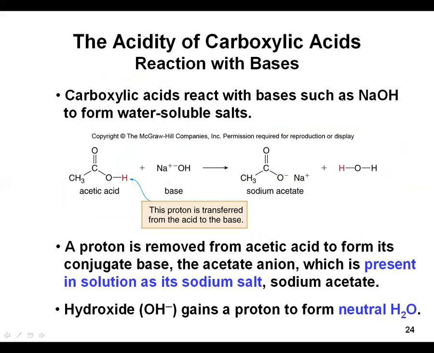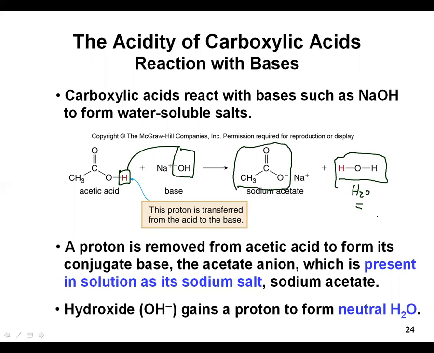It could also do a more traditional acid-base reaction. The same thing is going to happen here: our H and our OH come together, and that is what's going to make our water. What's left, just like before, when that H comes off, we will have our negative ion.